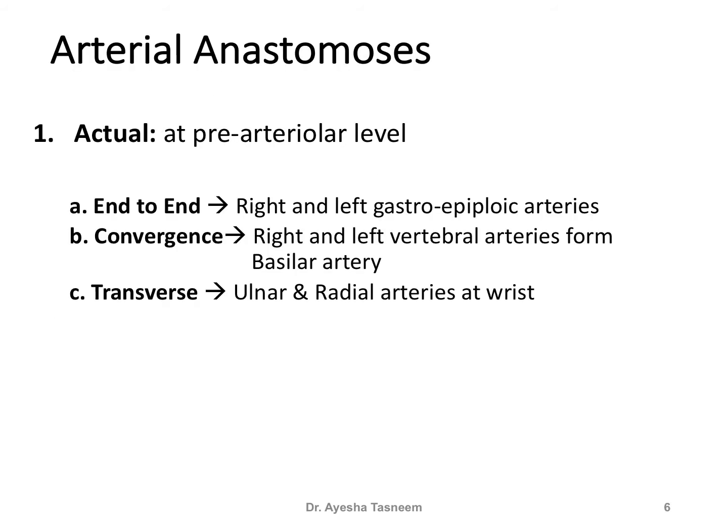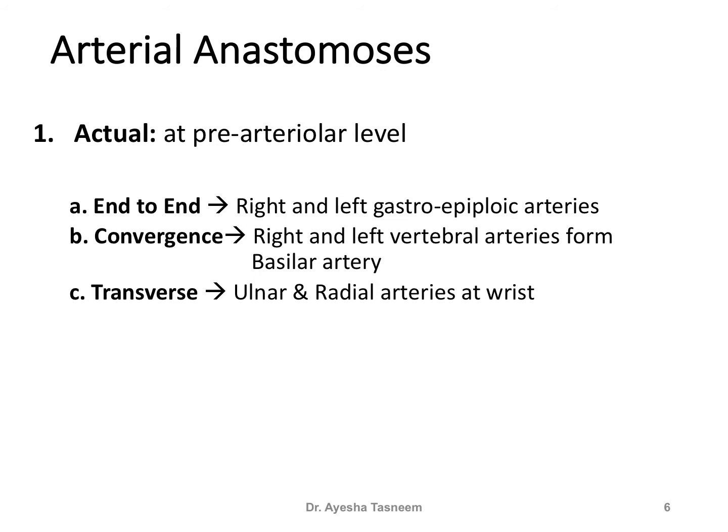Firstly, we come to the arterial anastomosis, and its first type, the actual anastomosis. It occurs at the prearteriolar level. This is further divided into 3 types: end-to-end anastomosis, convergence anastomosis, and transverse anastomosis.